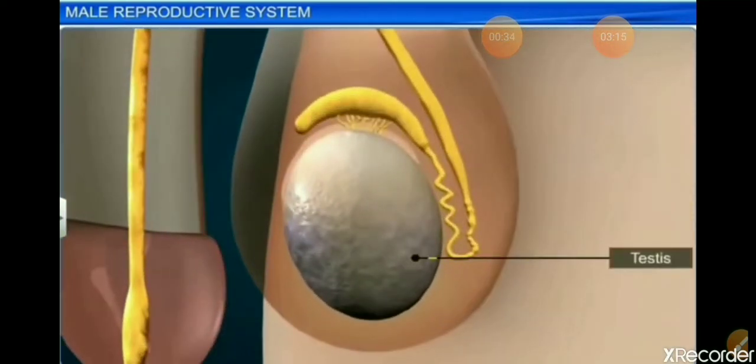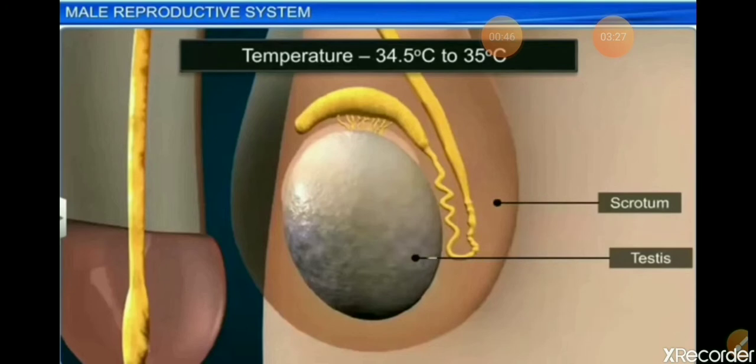This lower temperature is needed for the spermatogenesis process which takes place inside the testis. So this testis is found within the sac-like structure, the scrotum.